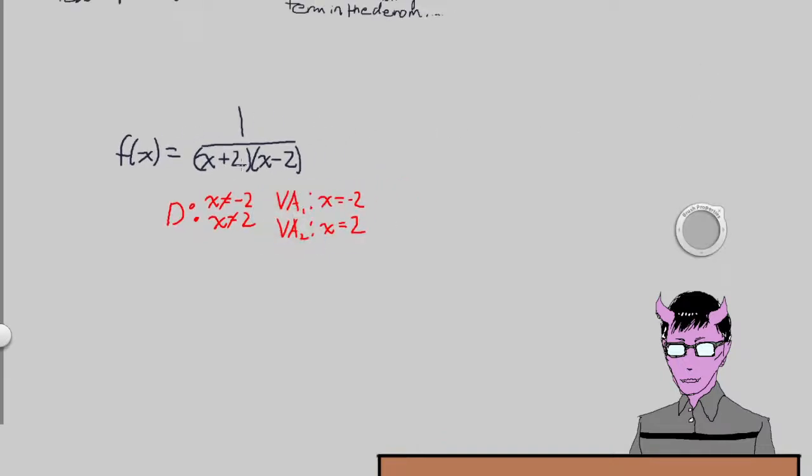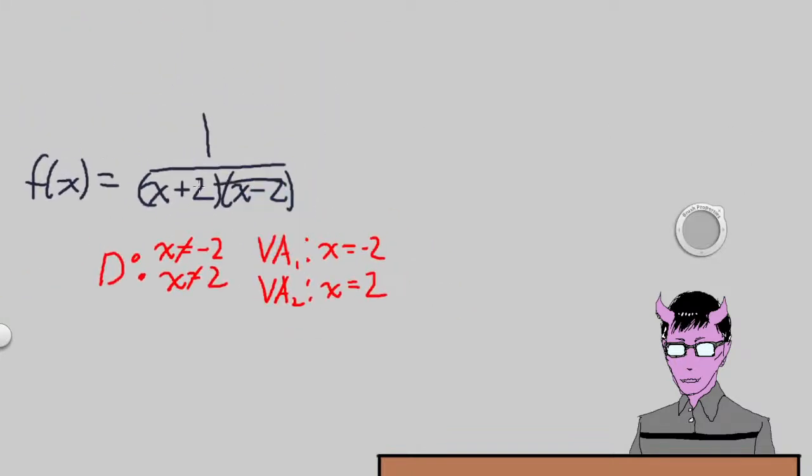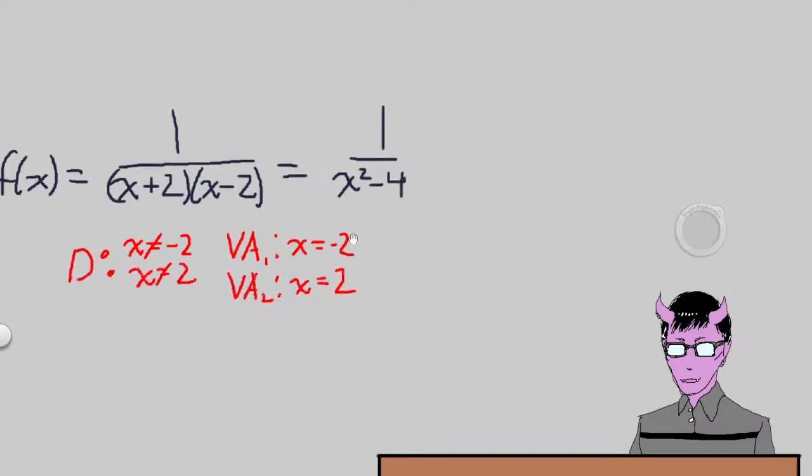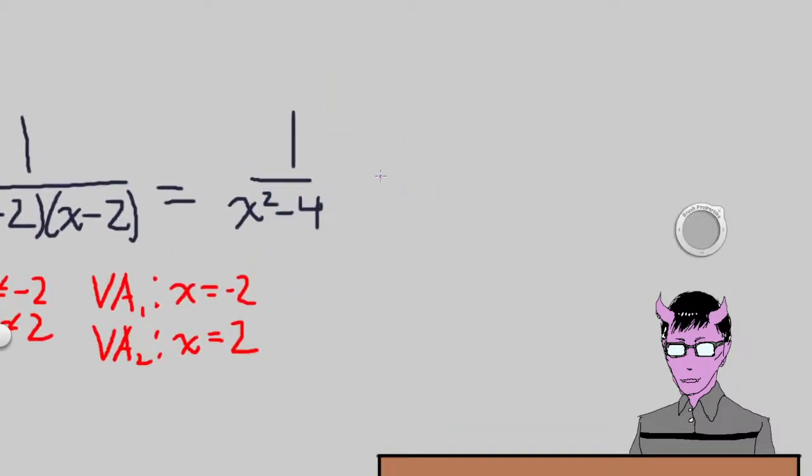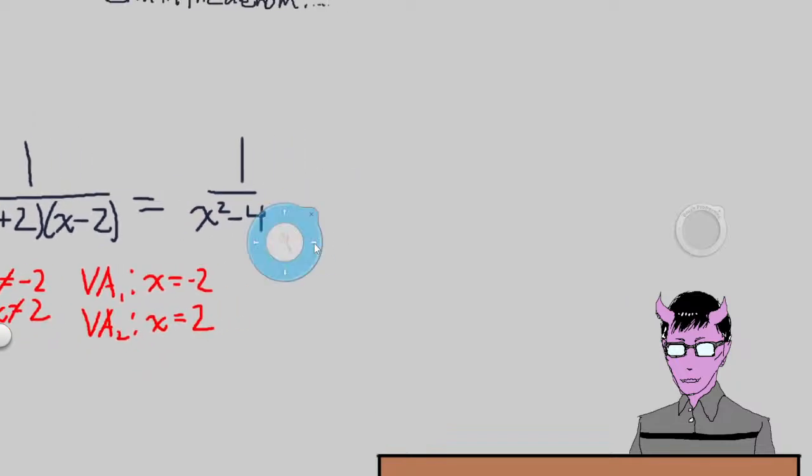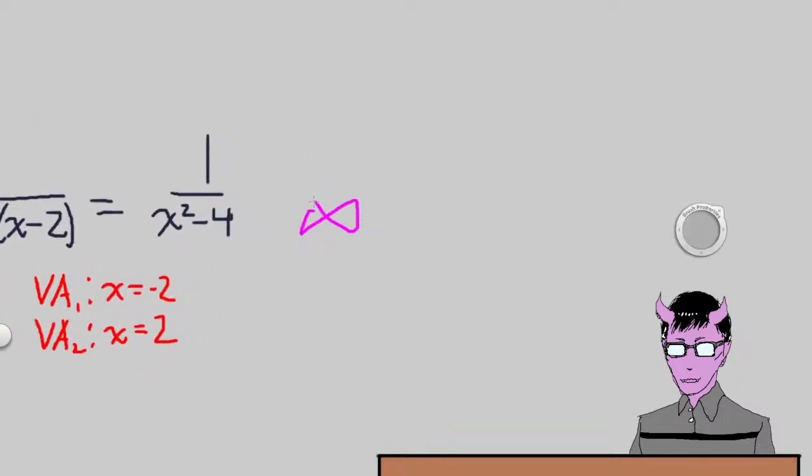Long-term end behaviors. So if you multiply this out, let's do that real quick. If you distribute the bottom, this is the difference of two squares if you recall. So x squared minus 4. So we ask ourselves, what happens when x becomes ridiculously large sized positive? So we get a huge number, it's going to get squared. And then we're going to reduce that absurdly huge number by a measly 4, and we're dividing 1 by that result.